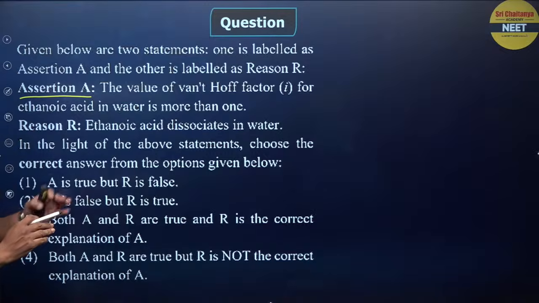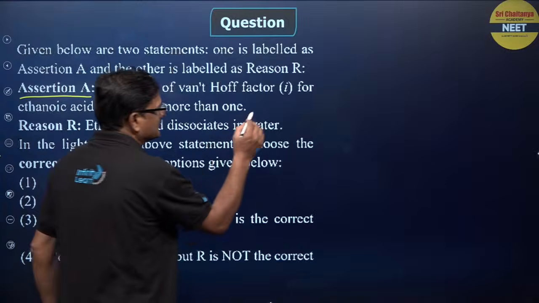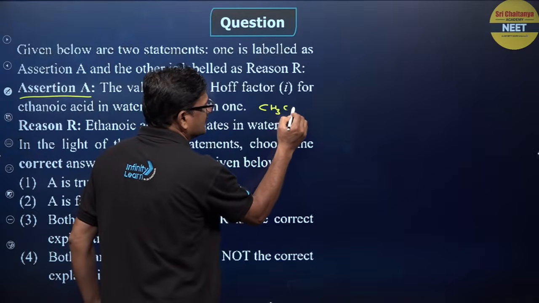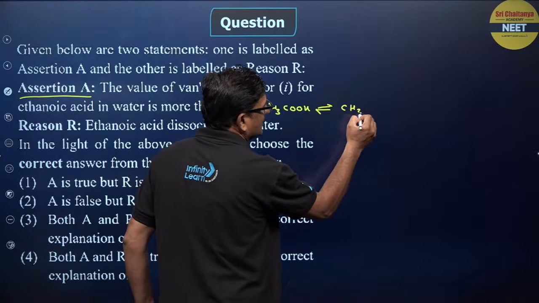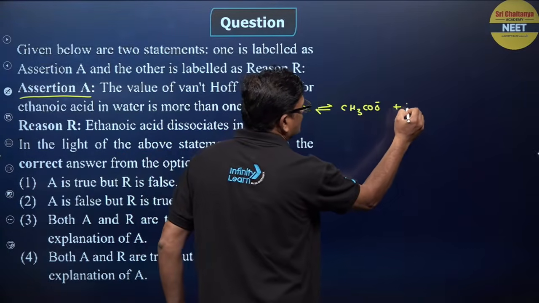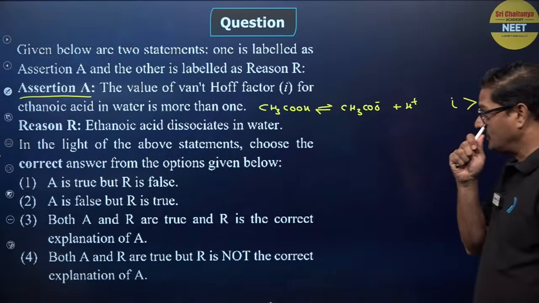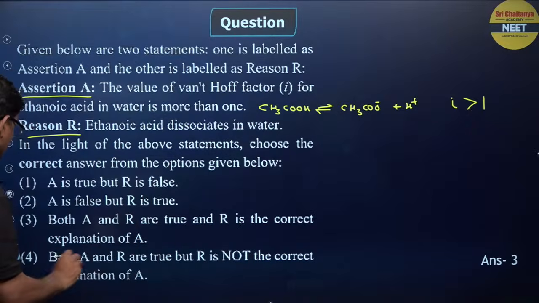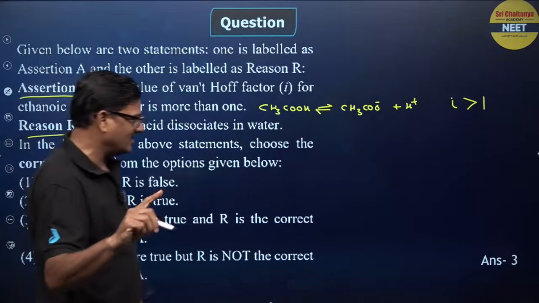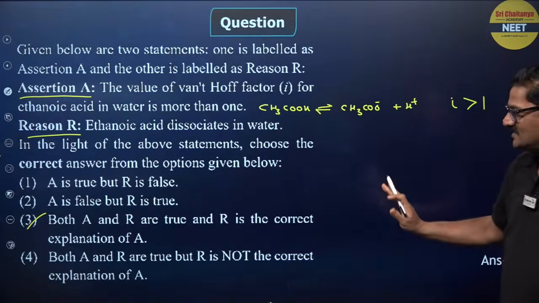The value of van 't Hoff factor i for ethanoic acid in water is more than 1. CH3COOH dissociates to give H plus, so the i value is greater than 1. And the reason, ethanoic acid dissociates in water, is correct. Both A and R are correct, and the reason is the correct explanation of the assertion, isn't it?